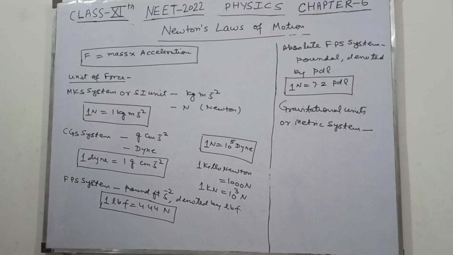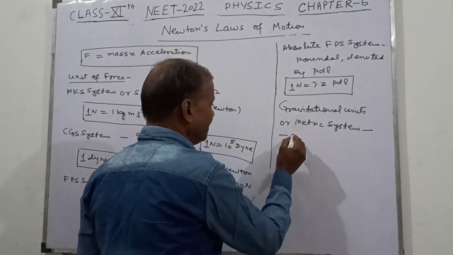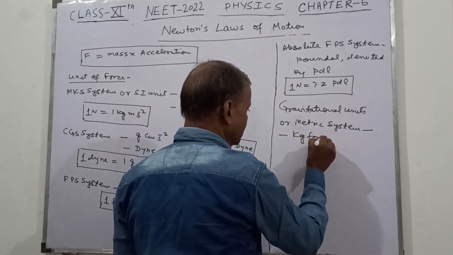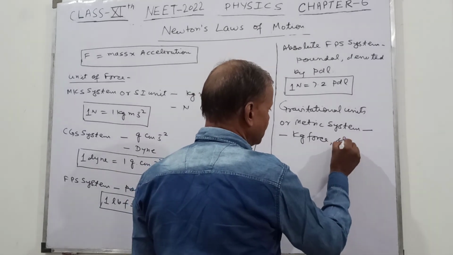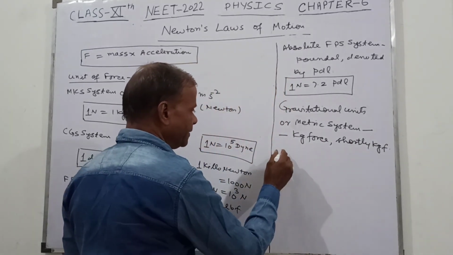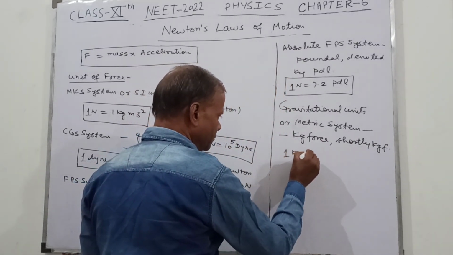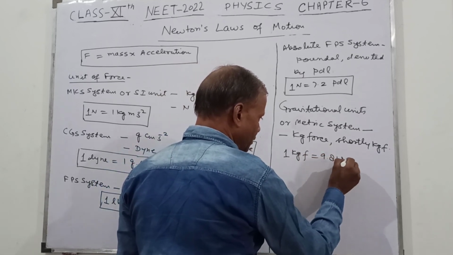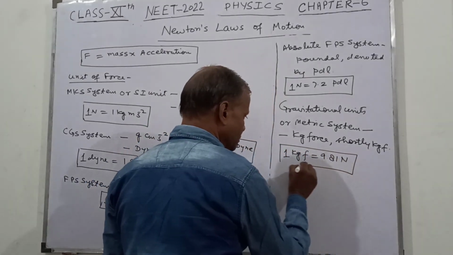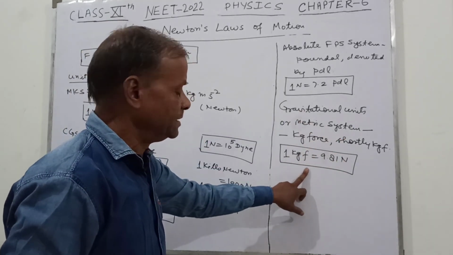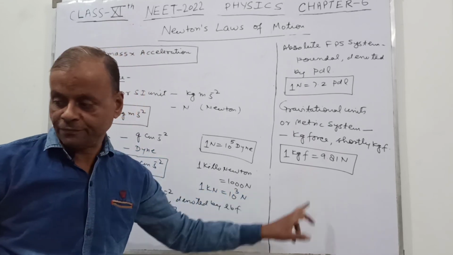Here the force is expressed in kilogram force, shortly kgf. So 1 kgf is equal to 9.81 Newton. Whether you see the metric unit or the gravitational unit, it is expressed in terms of kilogram force.